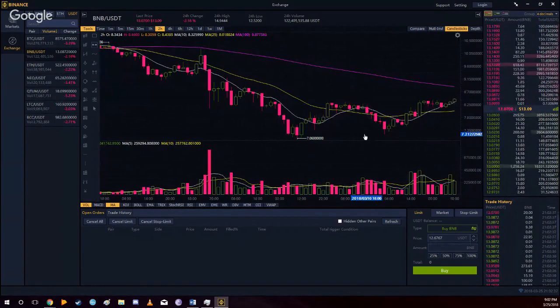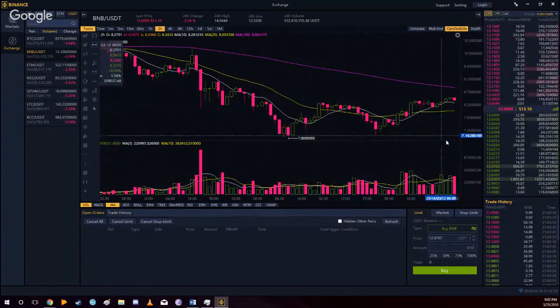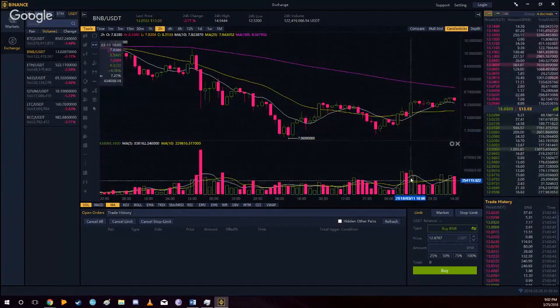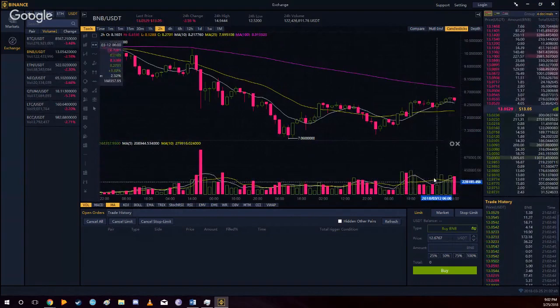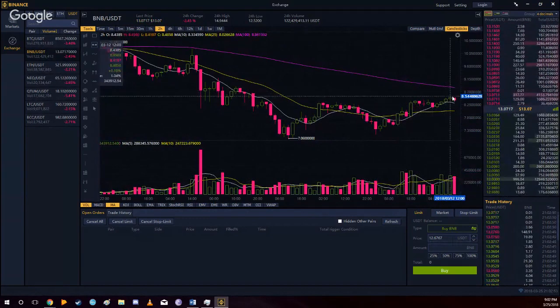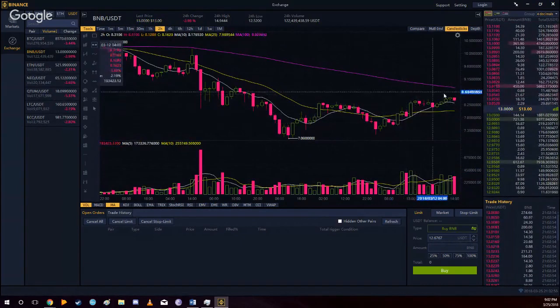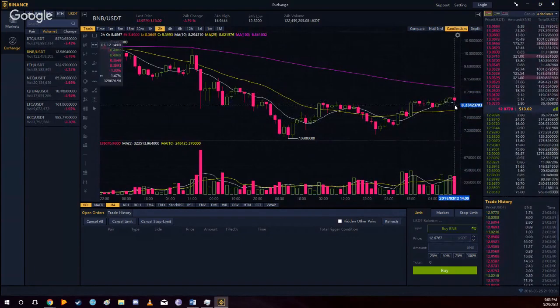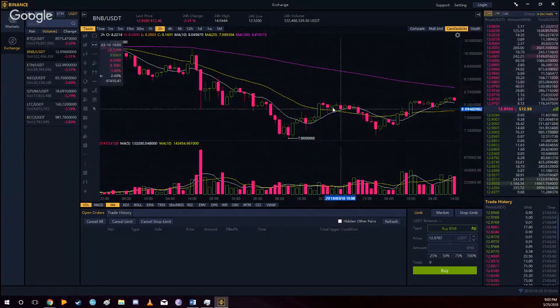So let's look forward, and forward we can see more green buyer volume candles. So a lot of buyers coming here. Probably two times more buyers went in this area than in this area, because in this area they are more certain that the asset will go up than in this area.